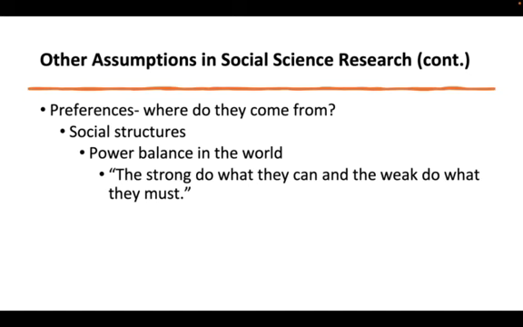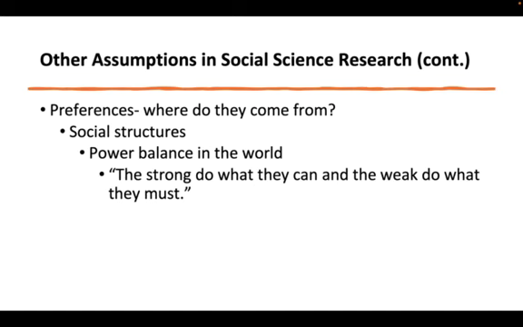Social structures as well. If we think broadly about who has power in the United States, who has power around the globe, sociologists study this concept as well. In fact, C. Wright Mills, in The Power Elite, wrote a rather famous book on, well, who is it that actually has power? So that's an important topic to study in and of itself.